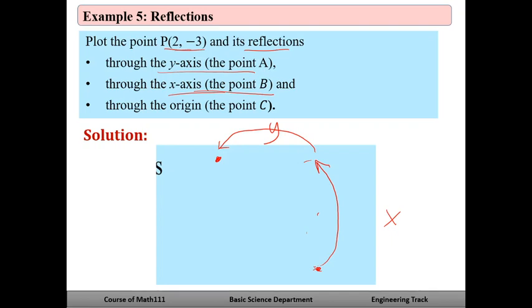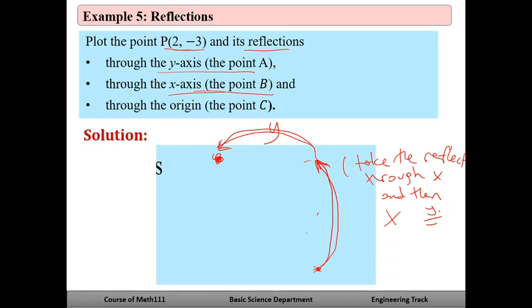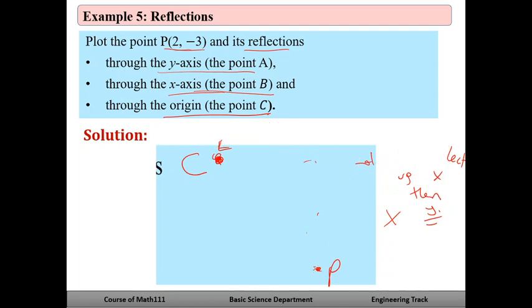So first take reflection through x and then y. So you will get this one here, or you will get the point C. This is our point and its reflection here. And when you look at the coordinates, it's -2, 3. So this is -3, 2.